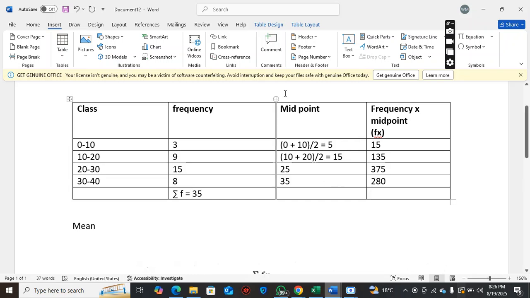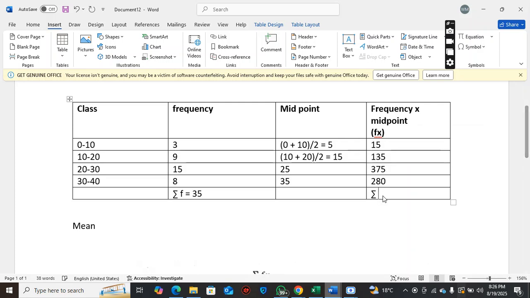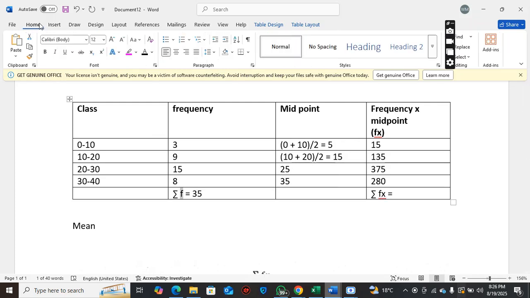Then here, the frequency times the midpoint: 15 plus 135 plus 375 plus 280. What is the total that we get here?